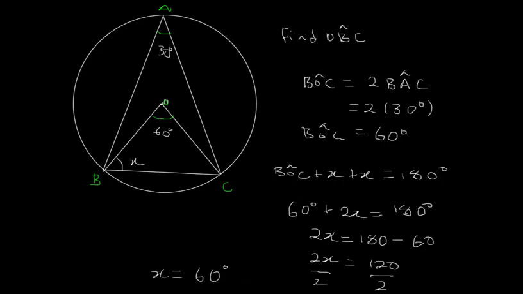Okay, let's look at another example on the same. Let's say we have a circle and we have a triangle being formed at the circumference. We have a chord there.